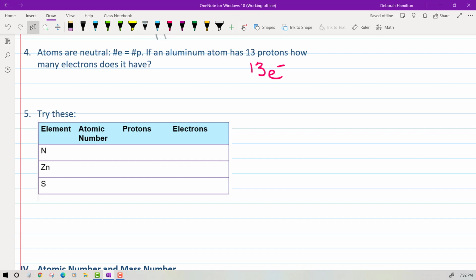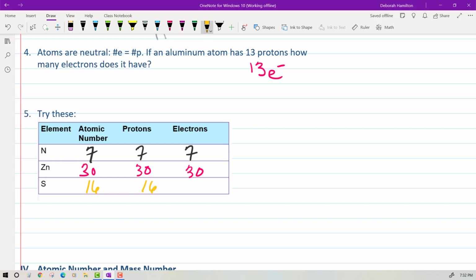Nitrogen is element number 7. So it's going to have 7 protons and 7 electrons. Zinc is element number 30. It's going to have 30 protons and 30 electrons. Sulfur is element number 16.